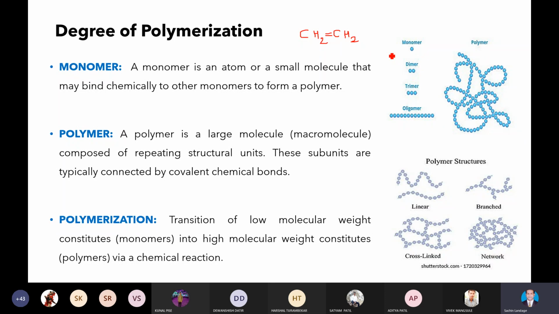As ethylene follows addition polymerization, the requirement for addition polymerization is that the monomer must be unsaturated. Whenever there is unsaturation, only then will it follow addition polymerization.